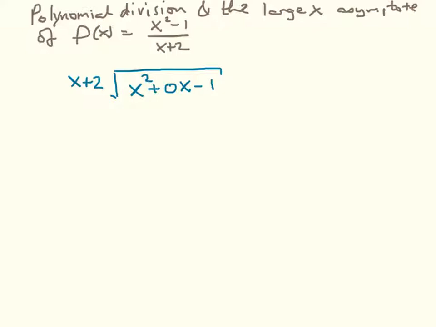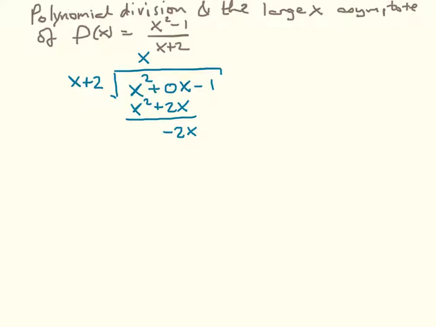If I do that, I get x squared plus 2x. And here, since I've multiplied my denominator by x, I write an x. I then subtract, the x squareds will cancel, that's what we set it up to do, and we have 0x minus 2x, we have minus 2x.